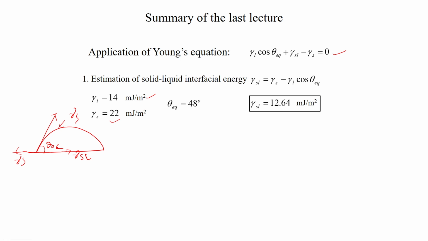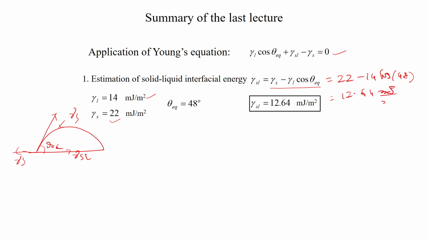If I put these values into this equation, then gamma SL is equal to gamma S minus gamma L cos theta equilibrium, and you substitute these values. So, here it is 22 minus gamma L, which is 14, times cos of 48, and you will get 12.64.